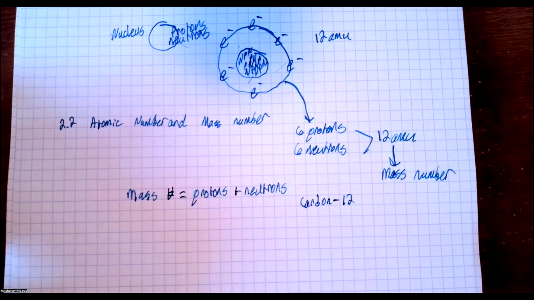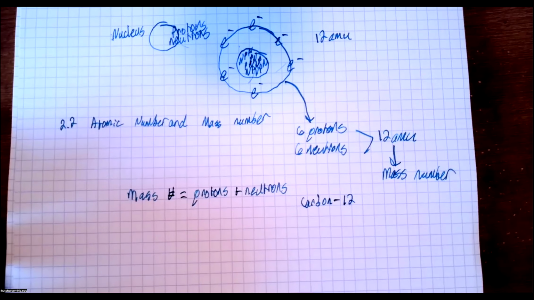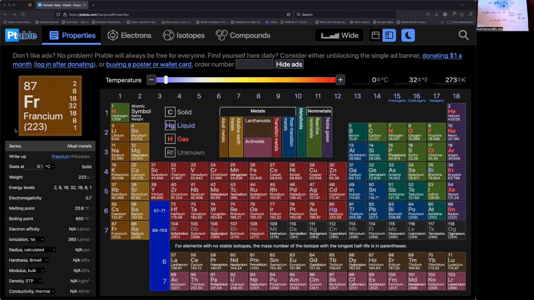Now, if we look at our periodic table, let me pull that back up. If we look at our periodic table again, you'll see that if we look at carbon, at the bottom here, I have this number that's really close to 12, but it's not exactly 12.